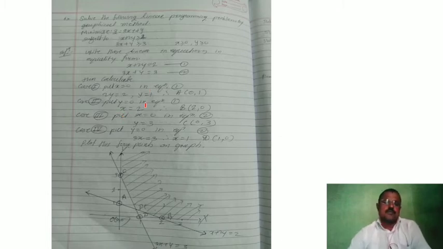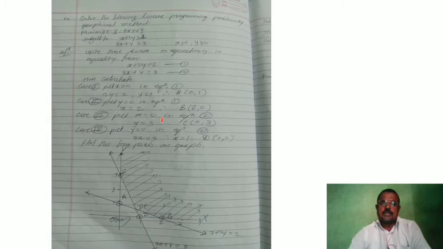Similarly, as in this, we take equation number 2, case 3, and put x is equal to 0 in equation number 2. See, we took x is equal to 0 here, 3 into 0 is 0, plus y is equal to 3, that is 0 plus y is equal to 3, therefore y is equal to 3.